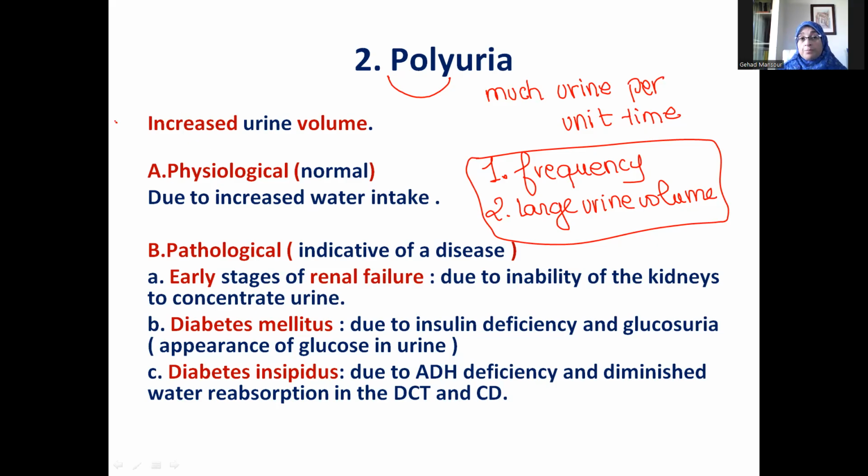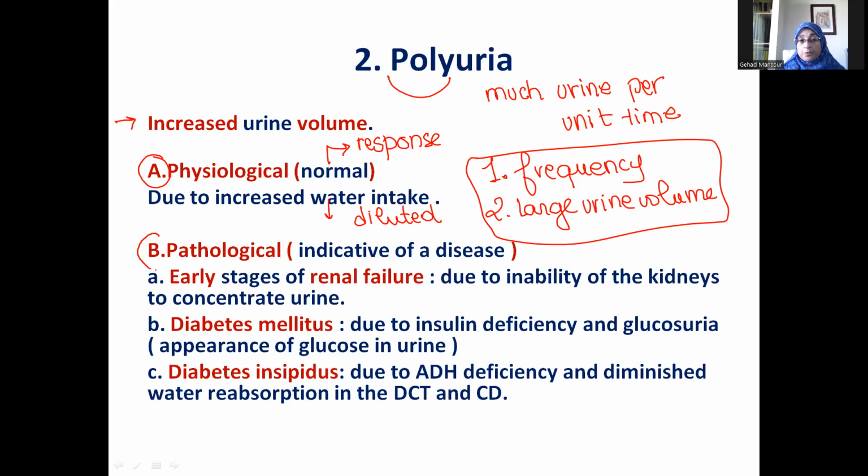So this increased urine volume may be physiological or normal, meaning a normal response of the body. You drink plenty of water over a short period of time, and this results in your body excreting a large volume of diluted urine. In such a case, of course, urine would be extremely diluted.